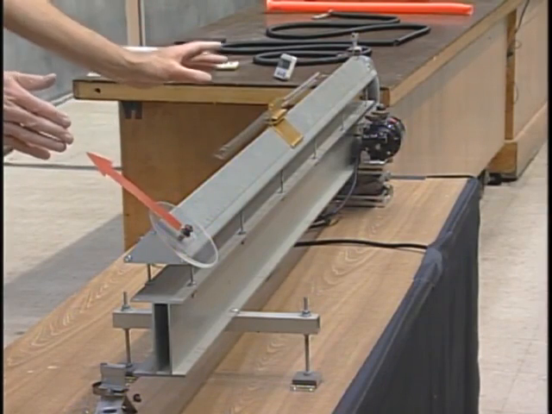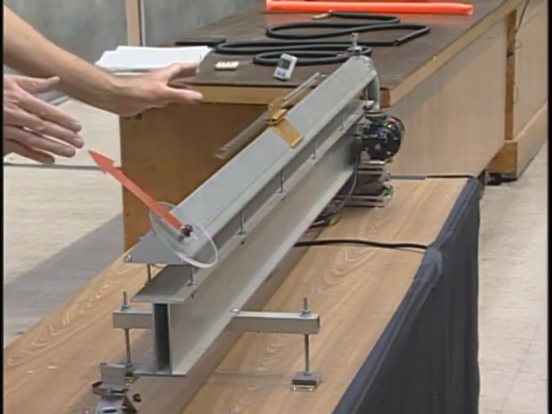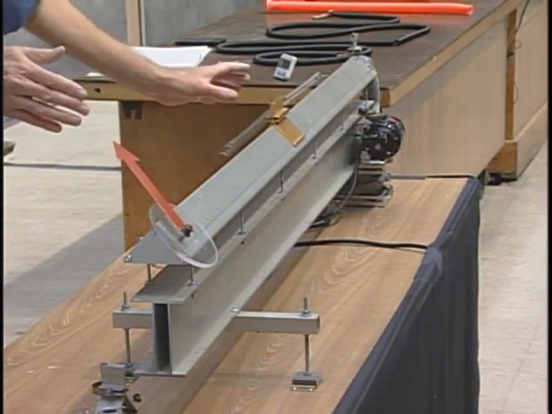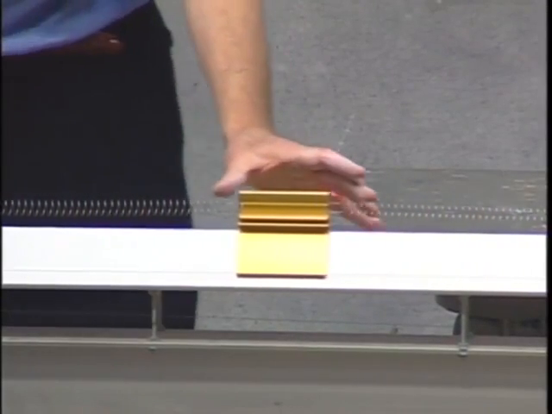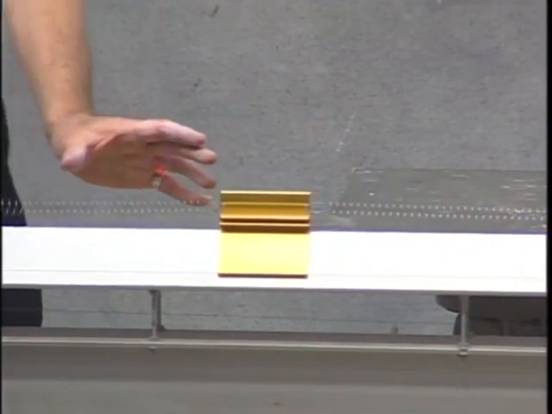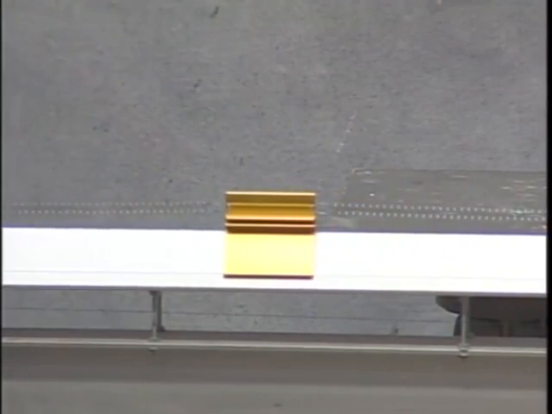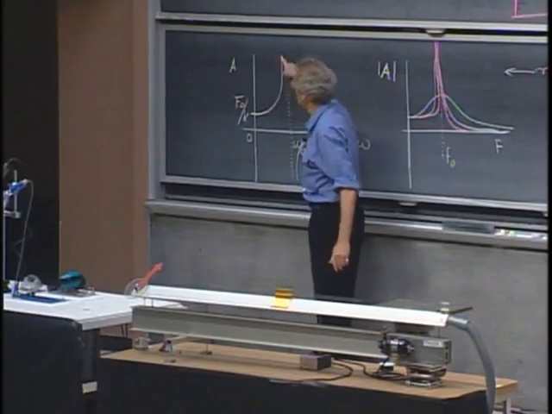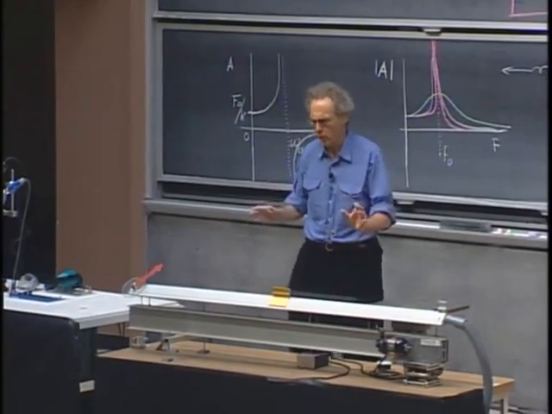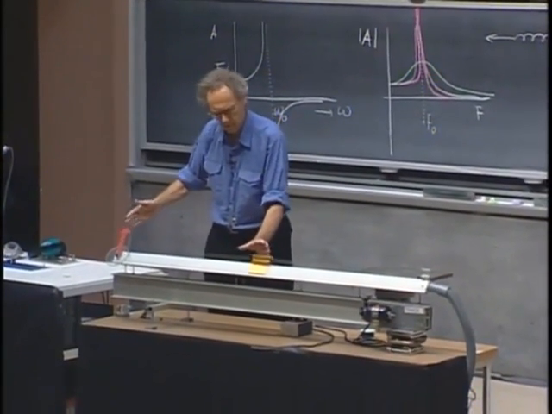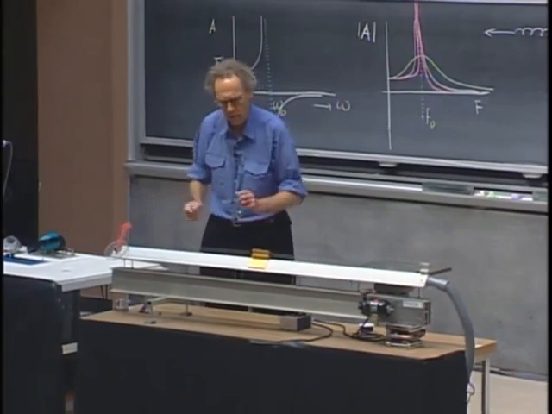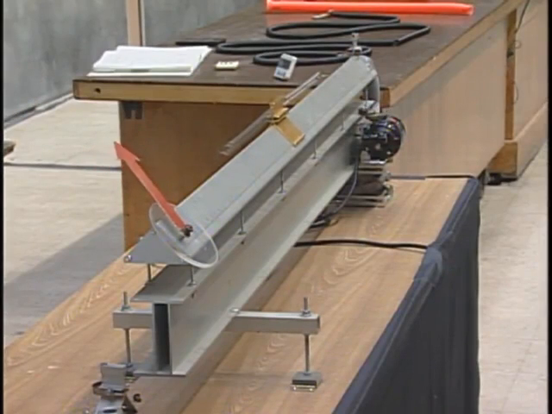And when you look at the way that the system responds, if you wait long enough, when the transients have died out, you will see that they go hand in hand, that the amplitude is in phase with the driver. That's why we have plus amplitude here. But the phase is not so important today. But see, they go hand in hand. Very small amplitude, roughly F0 divided by K, which is the spring constant of the spring.